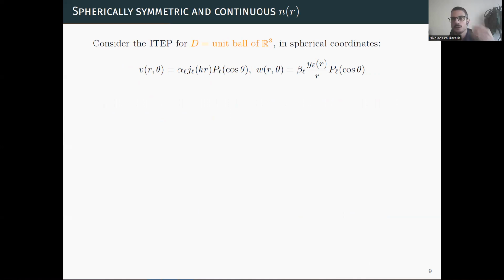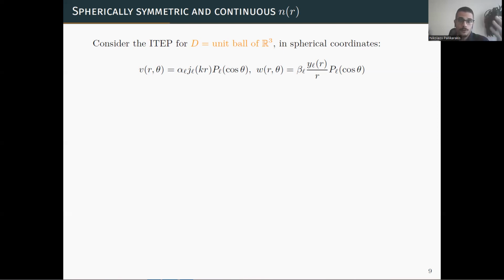So now we're going to restrict ourselves to the special case where the domain is a sphere, the unit ball of R3. And for these cases, we assume that the refractive index is continuous. In this special case, we can apply separation of variables in the system of Helmholtz equations.